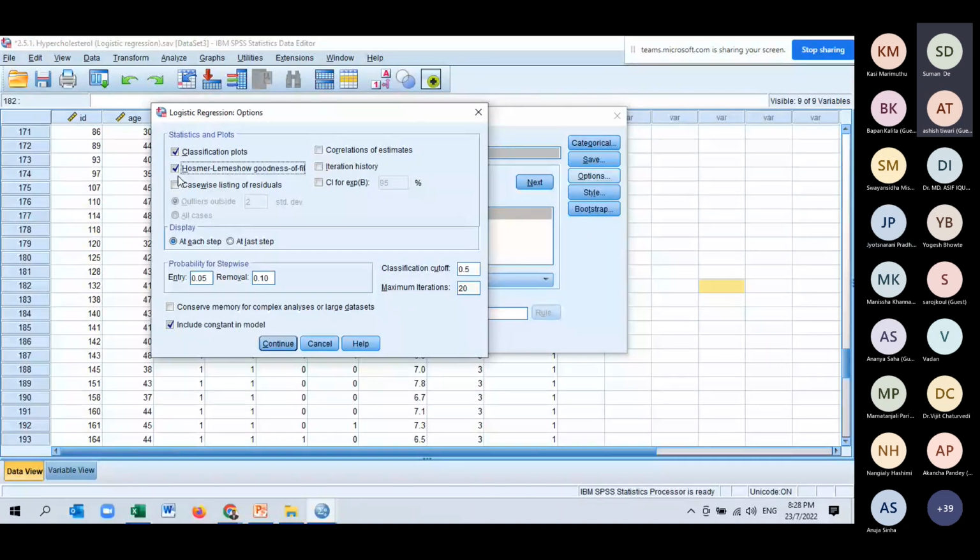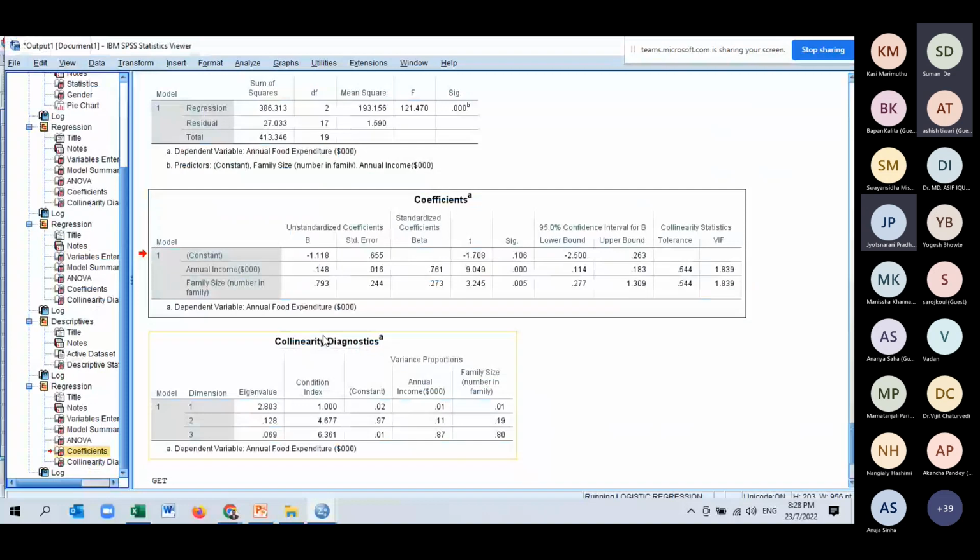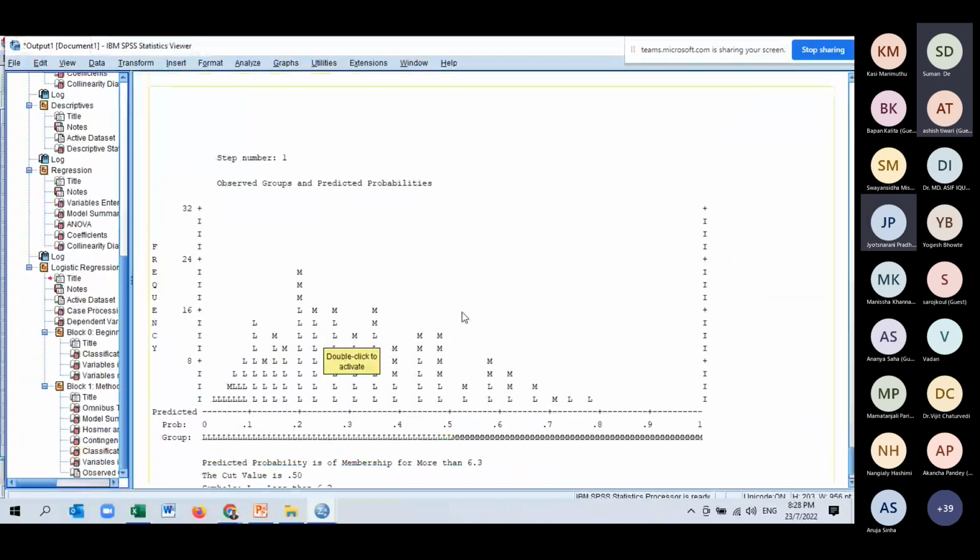You can also click confidence interval for exponential. These 3 things we need. Have you all done? Then Continue. You don't need to make any other changes. Click OK. You will get the simple output.